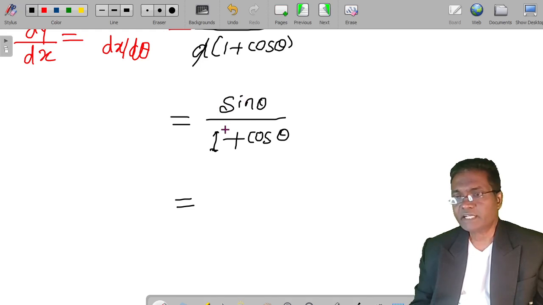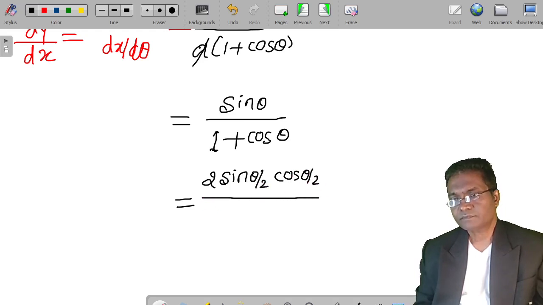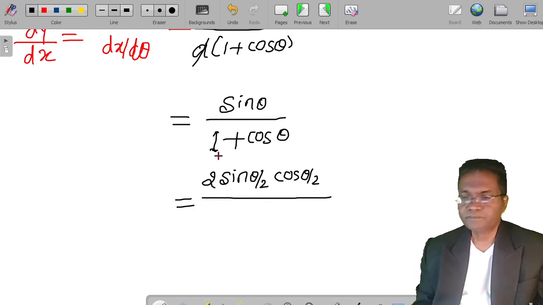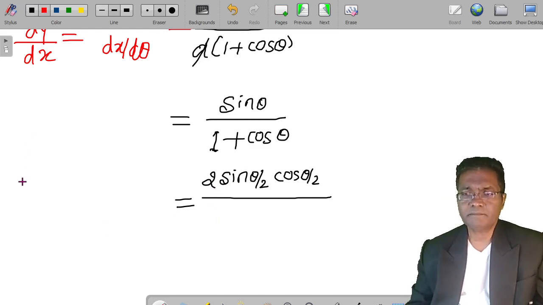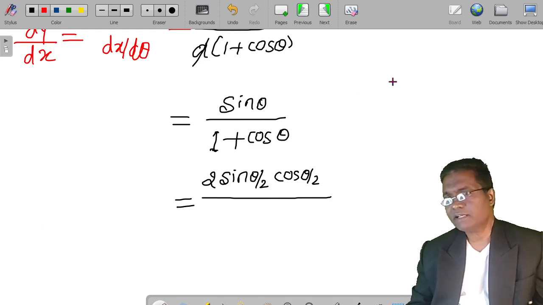So convert sin theta in terms of half angles. So sin theta can be written as 2 sin theta by 2 into cos theta by 2. Remember this. It comes often. So 1 plus cos is also very important. You have to remember this as well.